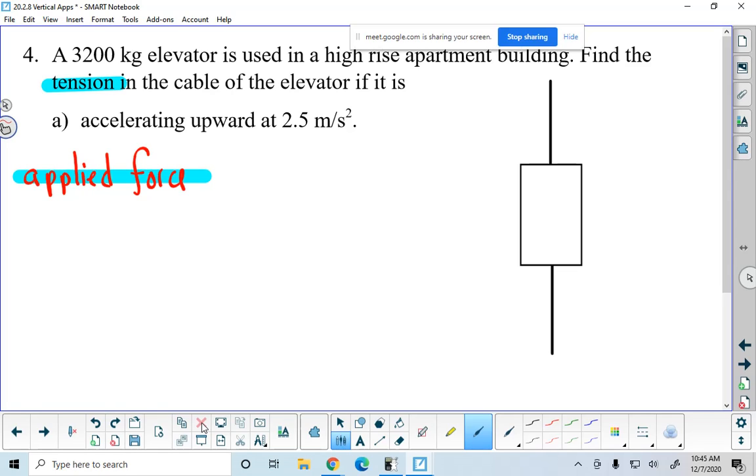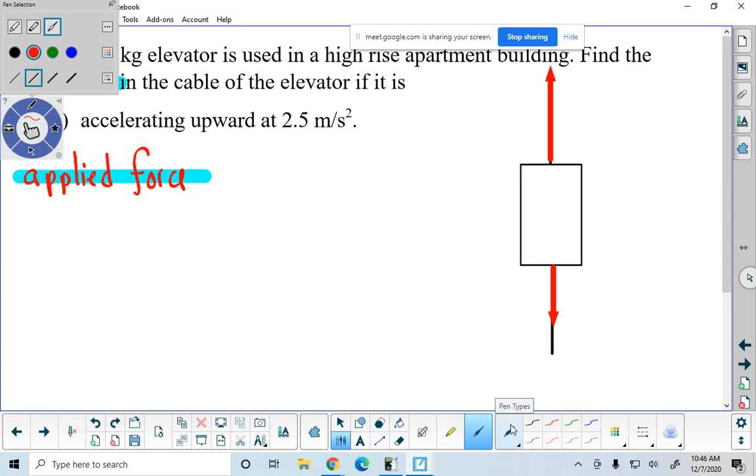Now, if the elevator is accelerating up, I hope it's clear that the tension in the cable must be greater than the force of gravity. I mean, think about that for a second. I'm going to label these. This is the applied force. This is the force due to gravity.